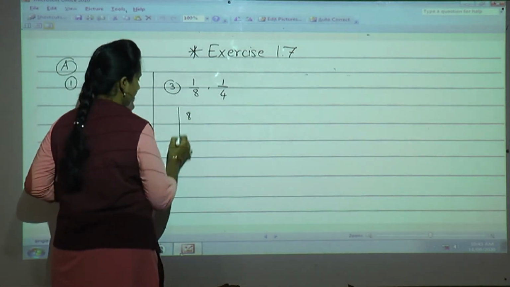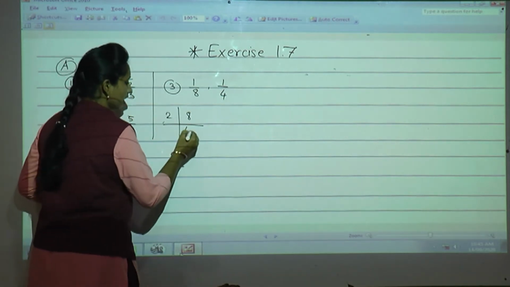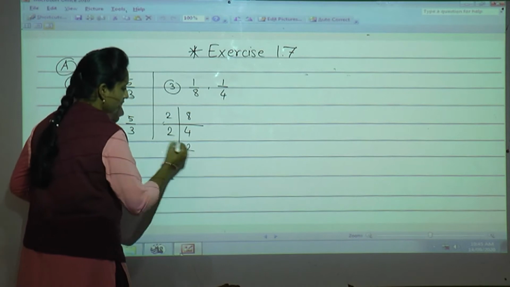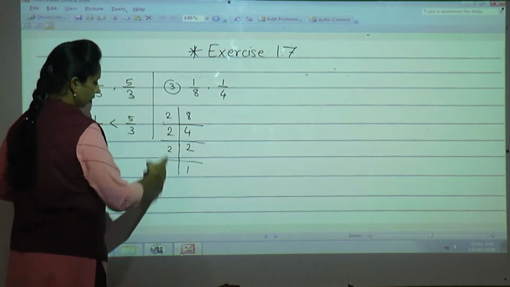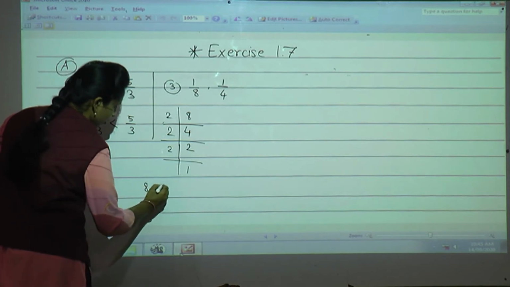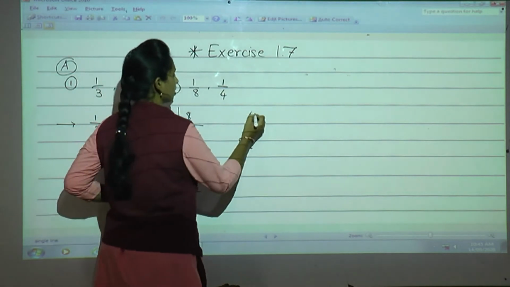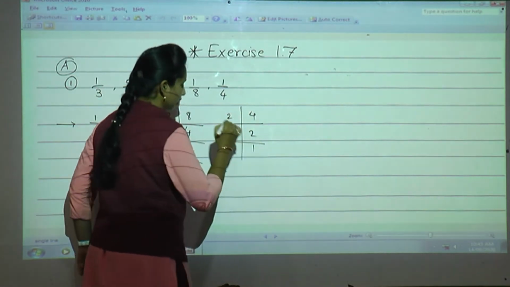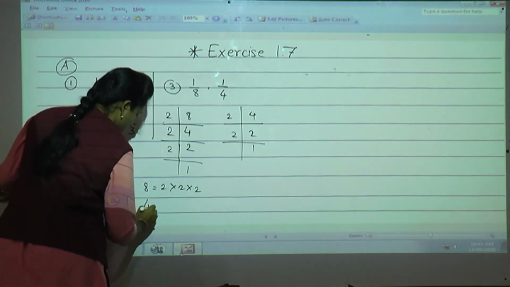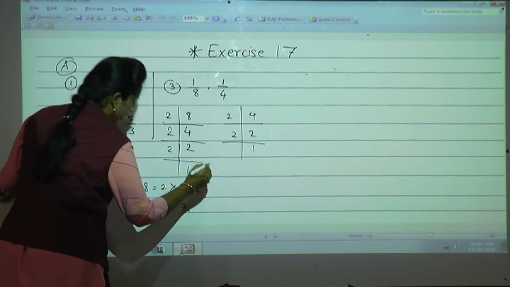First I will find it for the denominator 8. Now see, 2 4s are 8, 2 2s are 4 and 2 1s are 2. So what are the numbers? 2 multiplied by 2 multiplied by 2. Now for 4, 2 2s are 4, 2 1s are 2. Now what are the factors of 4? 2 multiplied by 2.